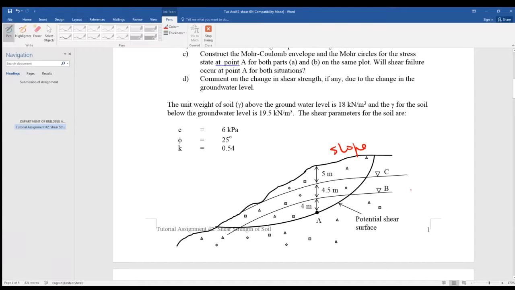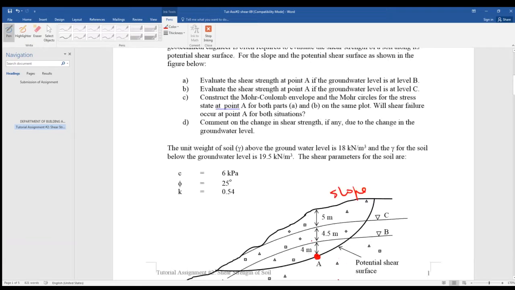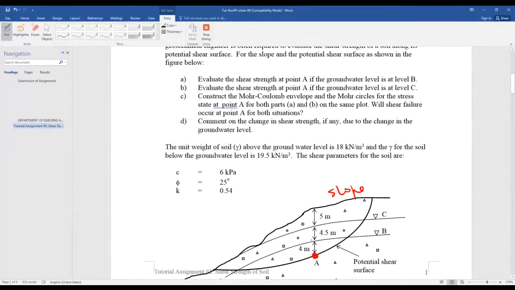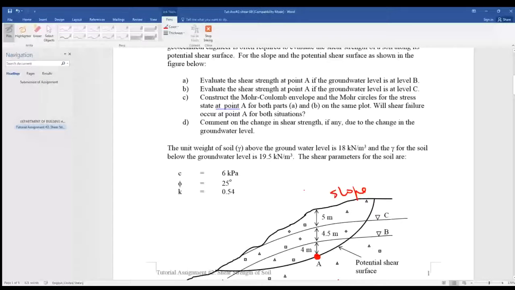Now you got the point here, A. Now part A, you are asked to evaluate the shear strength at the point A. Shear strength at the point A. If the groundwater table is at level B. So here we go.